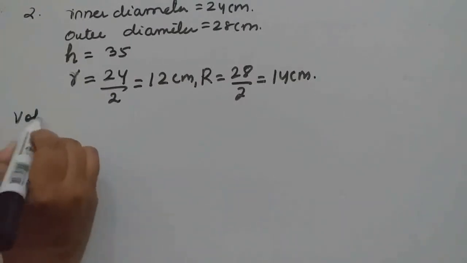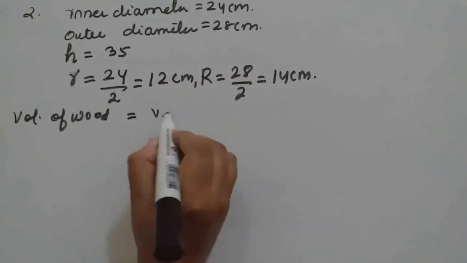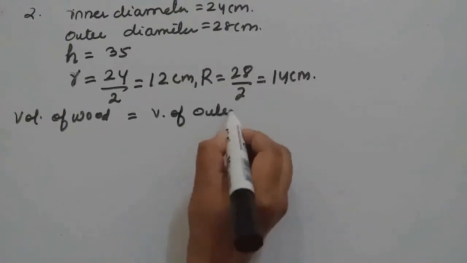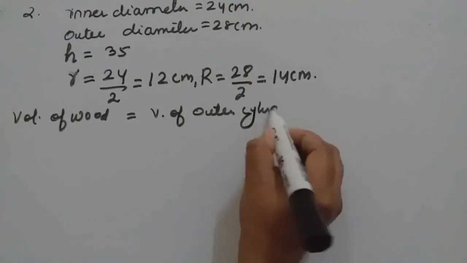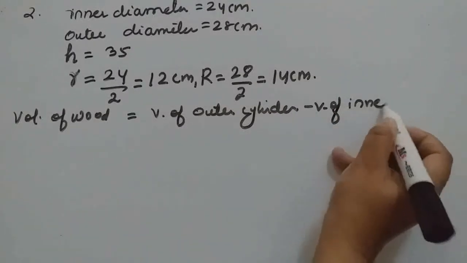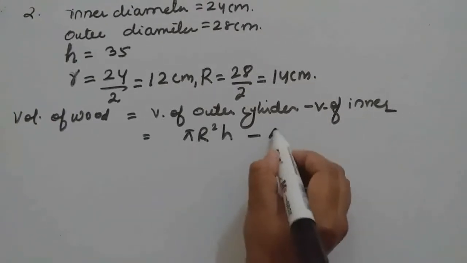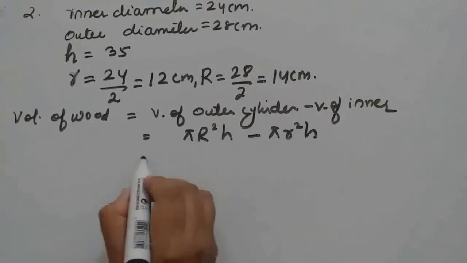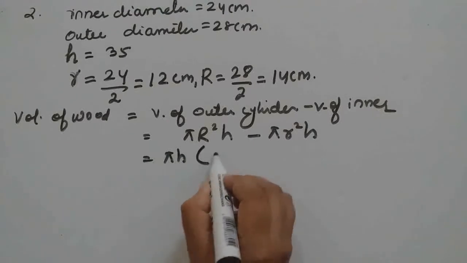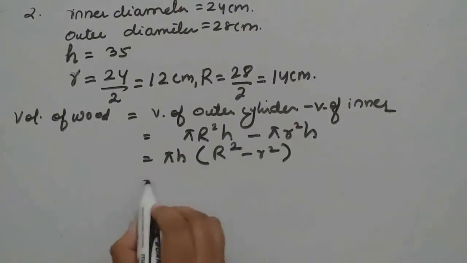Now volume of wood will be volume of outer cylinder minus volume of inner cylinder, that is pi capital R square h minus pi small r square h. Pi h we can take common, so R square minus small r square.